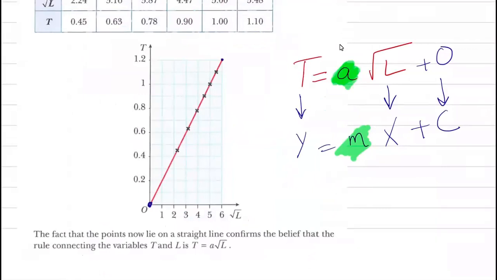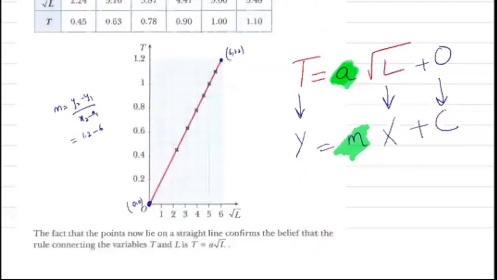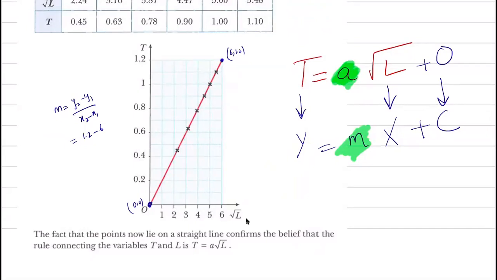Let's say this point would work for me, this is 6 comma 1.2, and that's 0 comma 0. So if I take out the gradient, which is y2 minus y1 over x2 minus x1, 1.2 minus 0 divided by 6 minus 0.